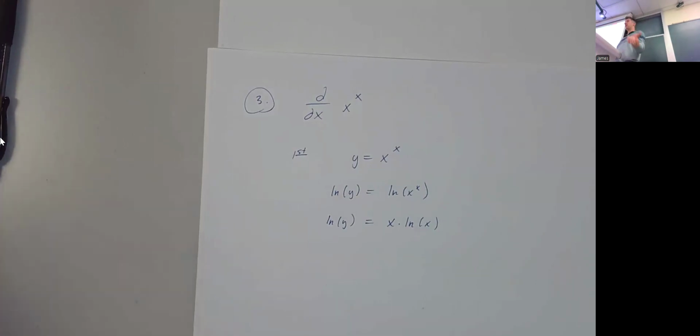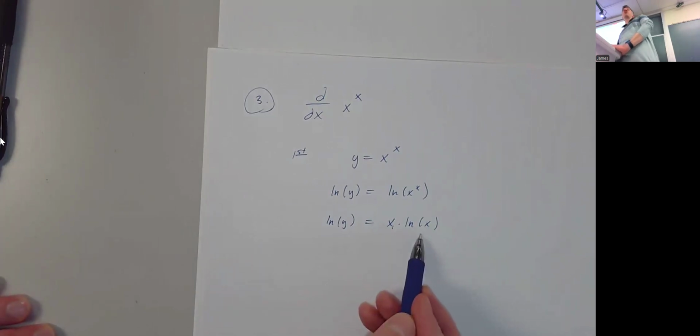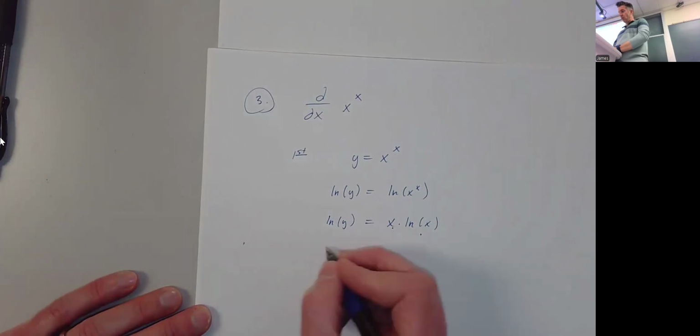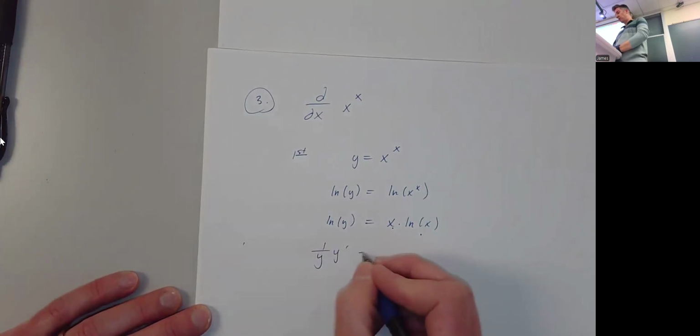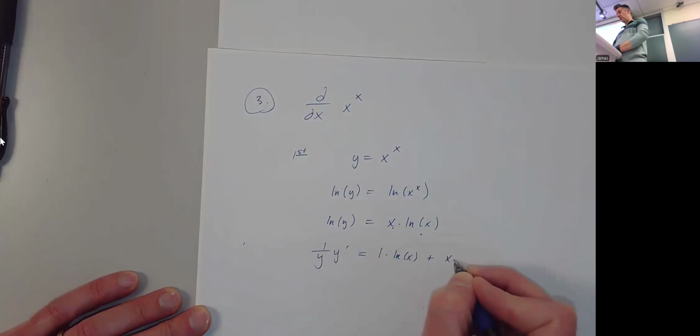And unlike the previous times we've done this, on the right-hand side we're going to have to use the product rule because we have a function of x multiplied by another function of x. So differentiating both sides, we have 1 over y times y prime. Product rule on the other side, we get 1 times natural log of x plus x times the derivative of natural log of x, which is 1 over x.